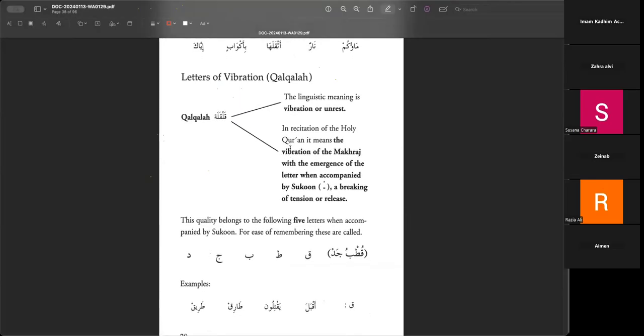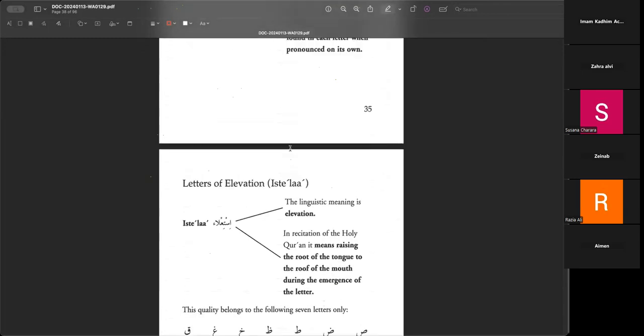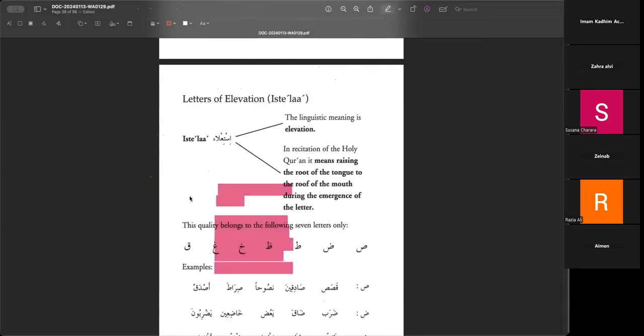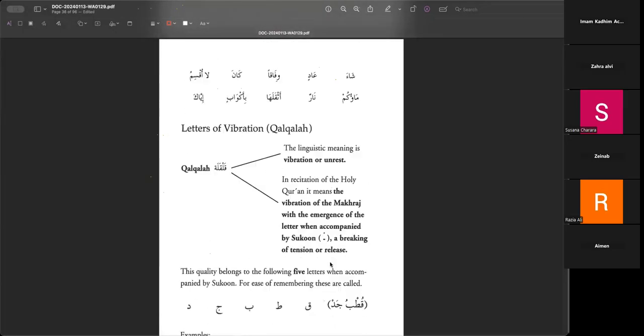So for next time, first of all, even though you know how to pronounce it, try to memorize the 7 letters of isti'la. And also practice more qalqala.